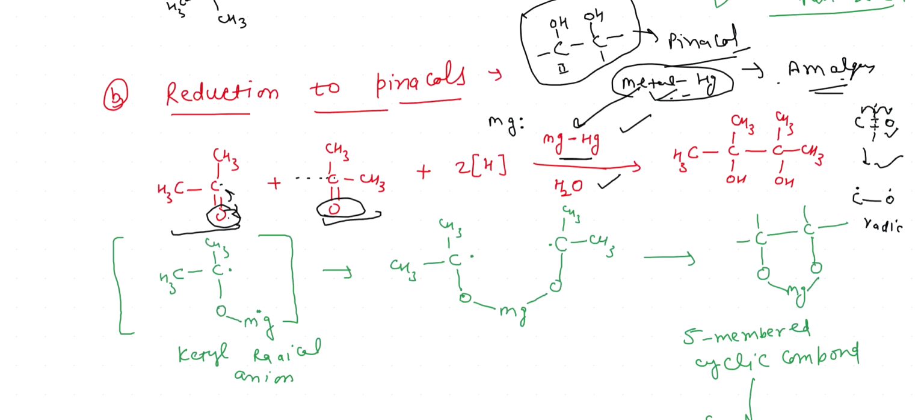If an atom gets a positive charge, then it is a cation. If the atom gets a negative charge, it is an anion. But if an atom gets an unpaired electron after homolytic fission, then you call it a radical. So here there is a bond formation, like, magnesium is the electron donor.